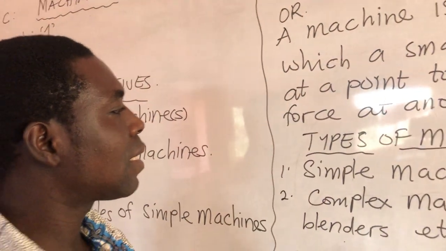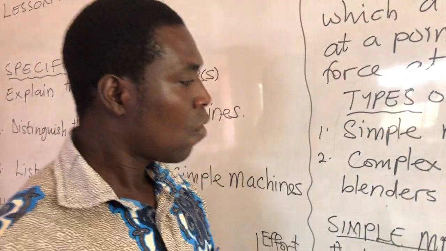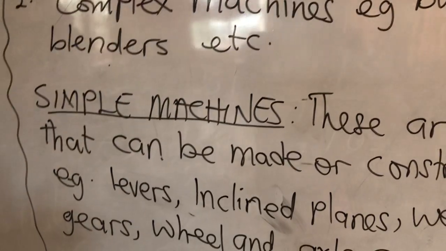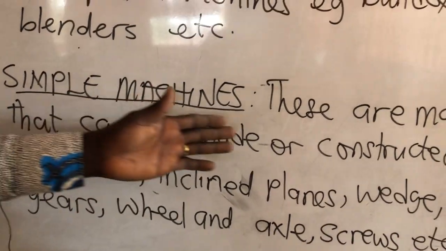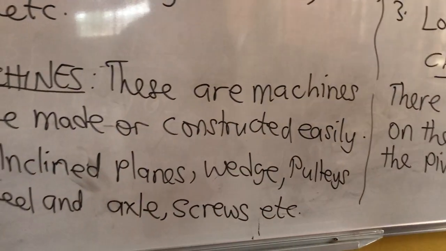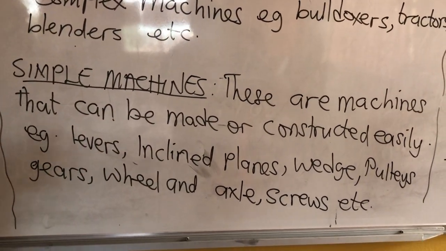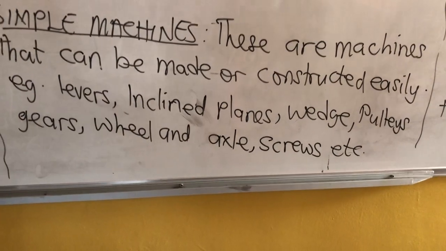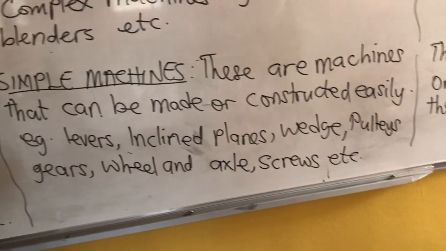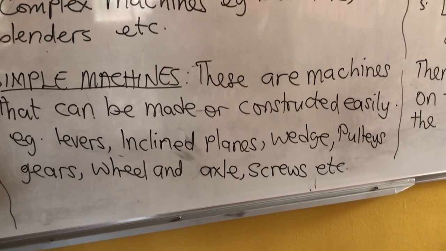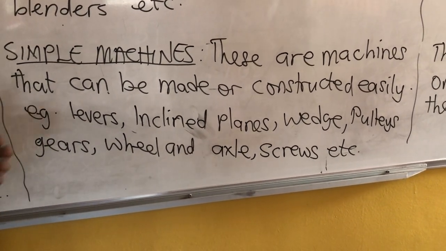Now the simple machines, we have examples. As the name goes, simple machines are just machines which can be made or constructed easily. And they don't use engines to operate. You don't put engines in simple machines for them to operate. They are easily constructed.